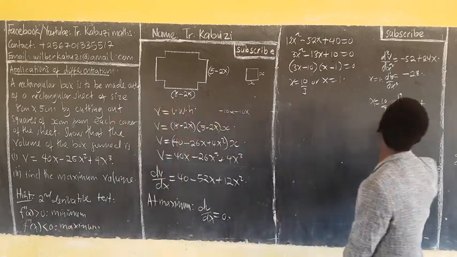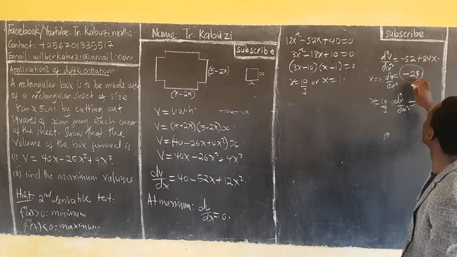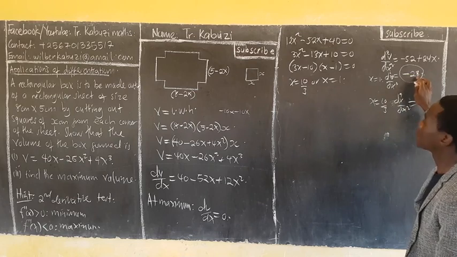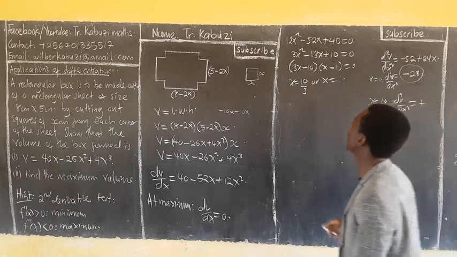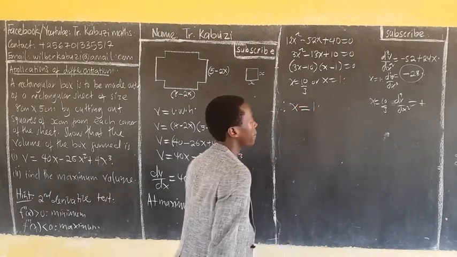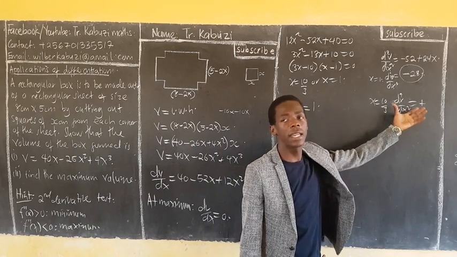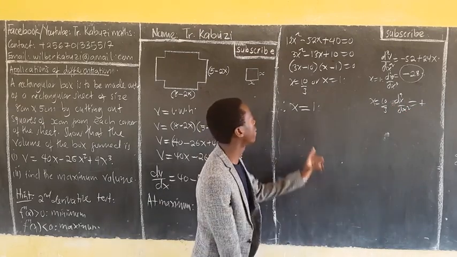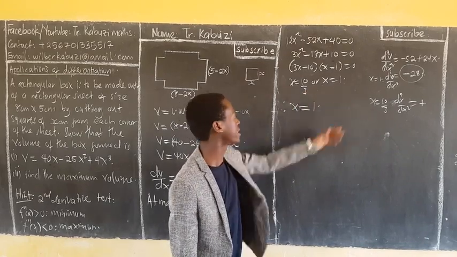So this one is giving us a negative, and it means that this one is going to be our maximum. So therefore, the value of x that gives us a maximum is 1. This other one is giving us a positive, and so it will be giving us the minimum, yet we want the maximum. So the value of x I'm going to use is this, using the second derivative test.